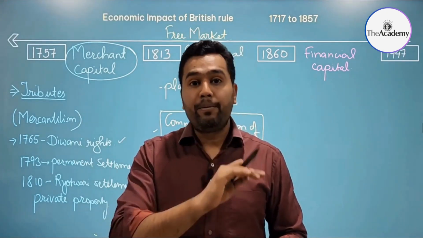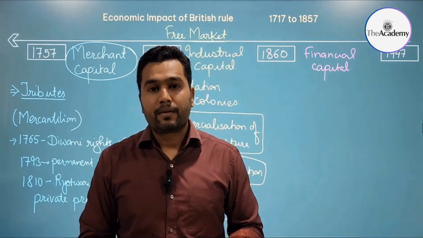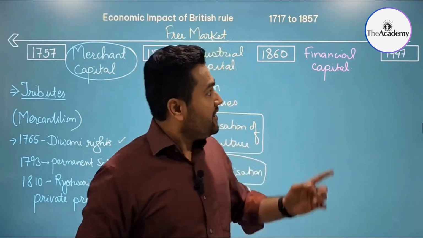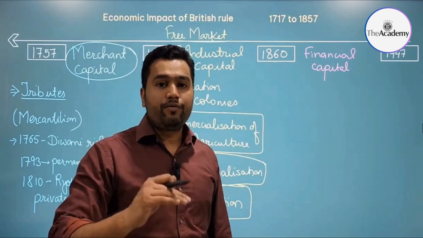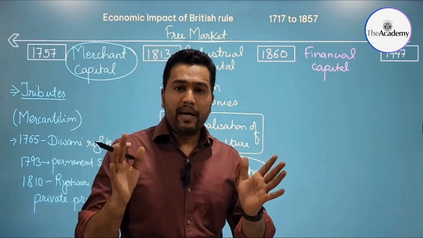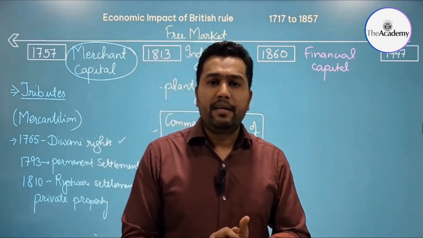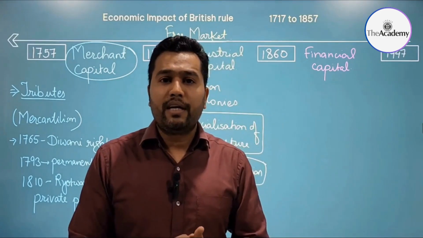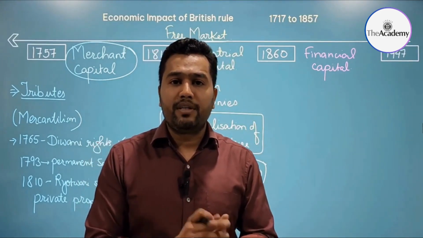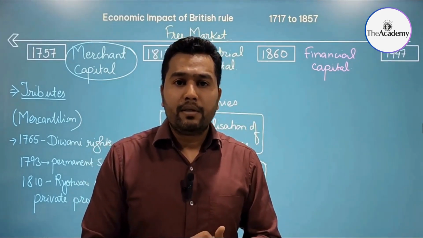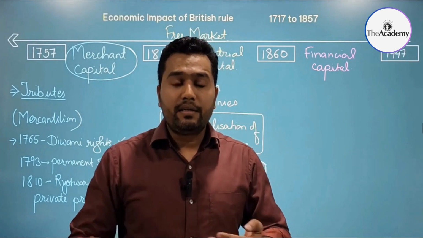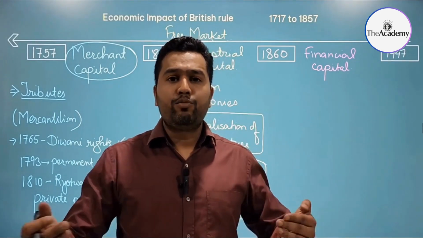Now it did not stop here. After the revolt of 1857, by the 1850s and 60s, England had already emerged as a major capitalist, industrialized economy. And it had started incurring huge profits.